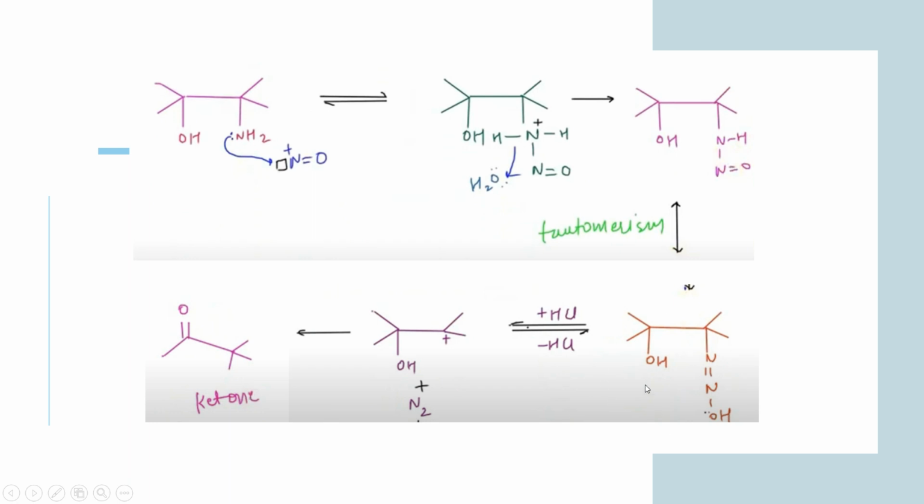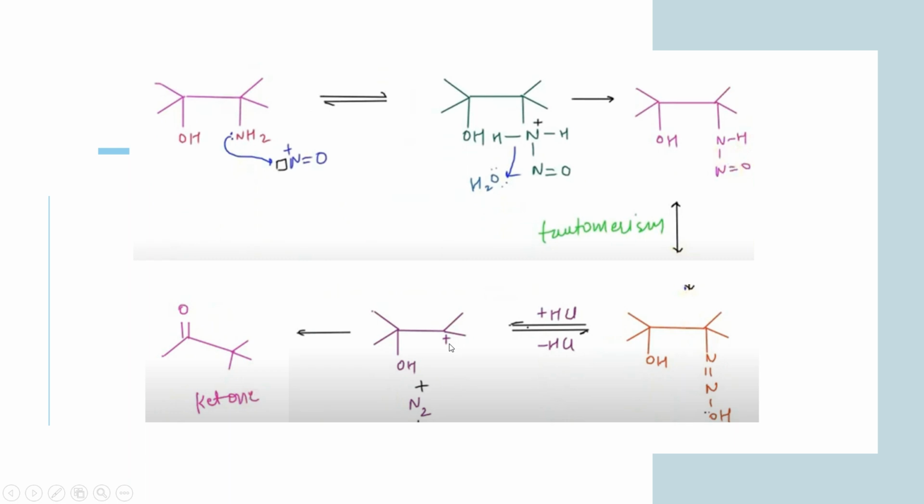will get converted to the diazo group, where in place of this amine you will get a substrate where you will have N2 linked to this carbon. Okay, and that particular intermediate will knock out the neutral nitrogen molecule and you will get a carbocation at this position.